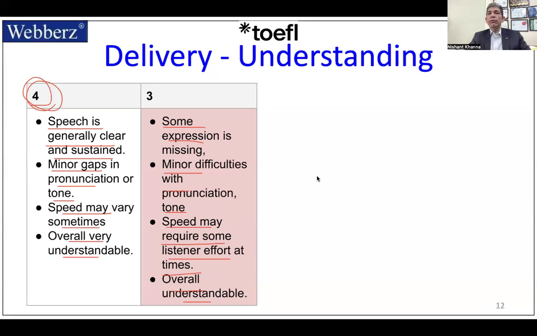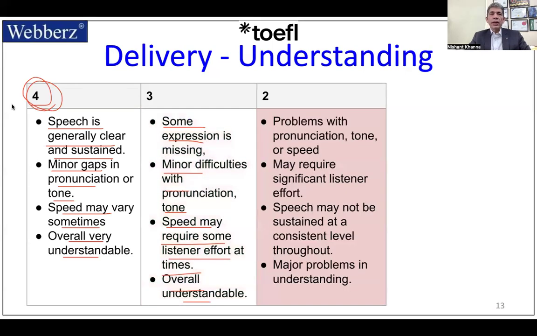To get a score of 2 in delivery, this is the criteria. Problems with pronunciation, tone, and speed are there. Significant effort is required. That means the listener actually has to strain his ear to understand what exactly you are saying. Speech may not be sustained at a consistent level throughout. Sometimes it goes very fast, sometimes it becomes very slow, and there can be major problems in understanding.